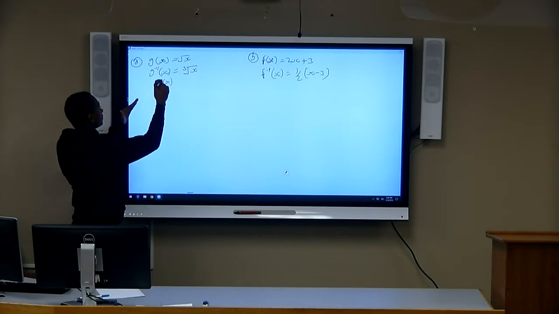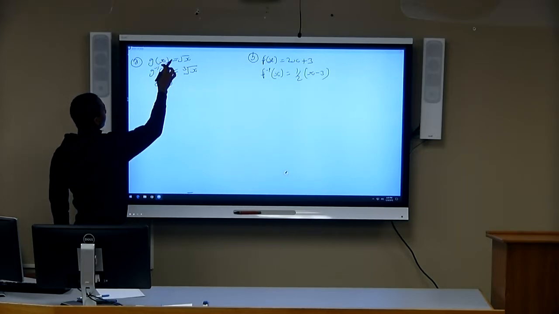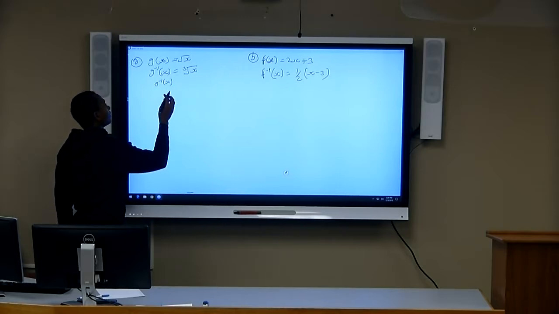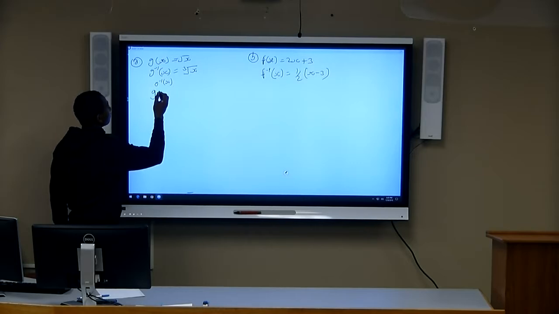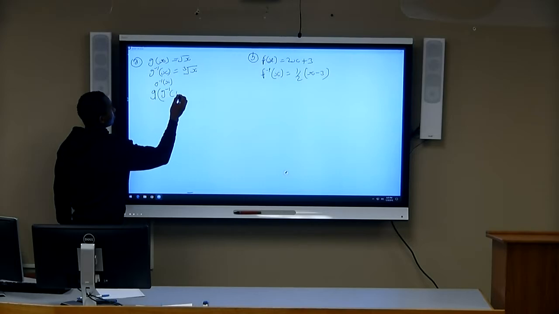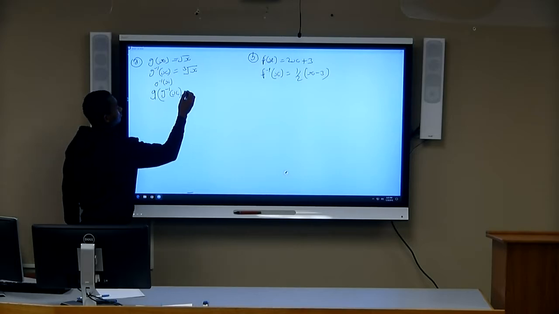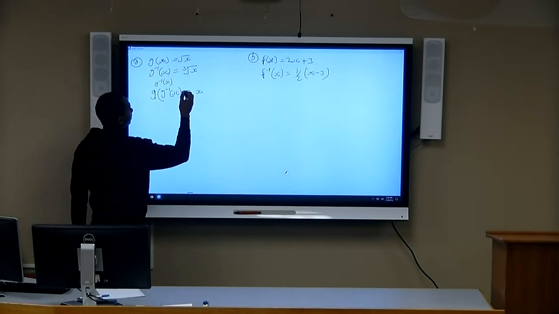To verify that g of x and these are inverse functions, there is a rule that applies. It says g inverse of x should be equal to x.